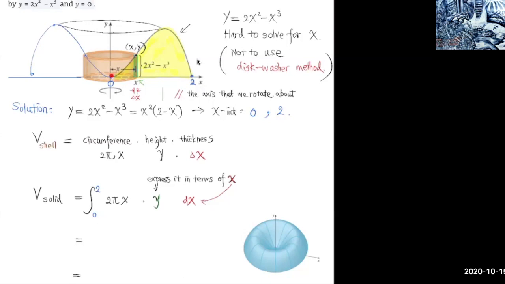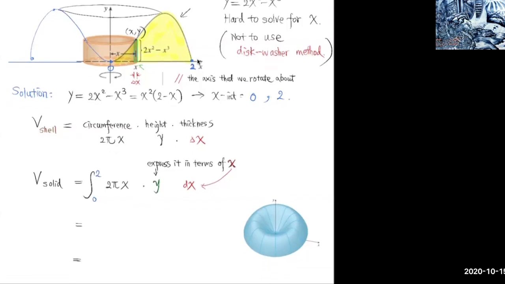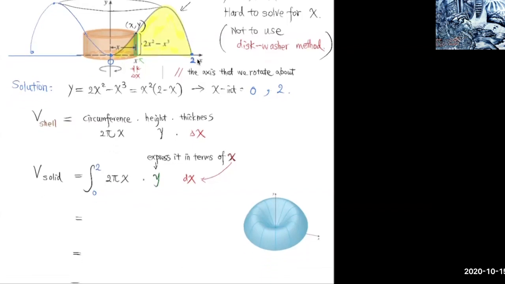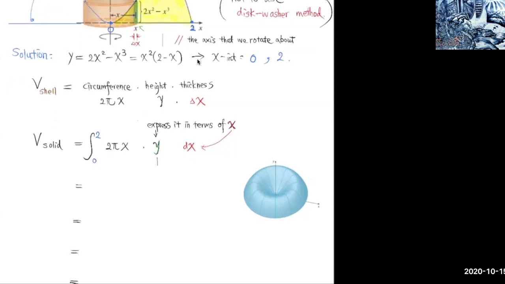So x starts from here and ends at 2. So you add up those shells. Now, because this is an integral with respect to x, you want to express this in terms of x. So y is equal to 2x squared minus x cubed.